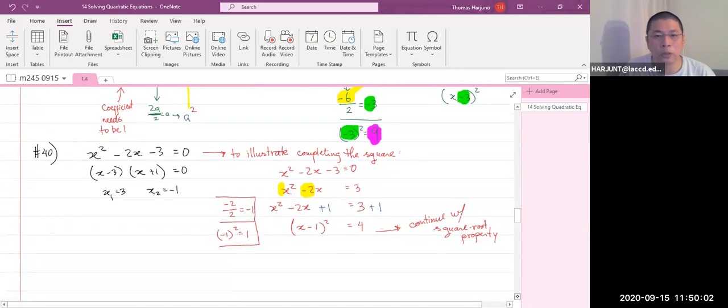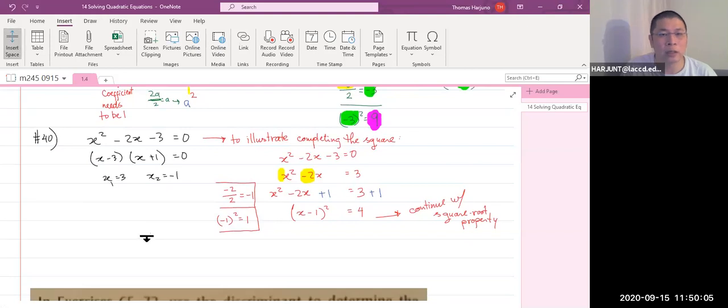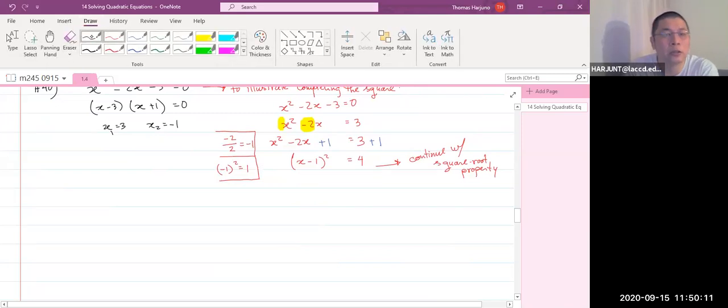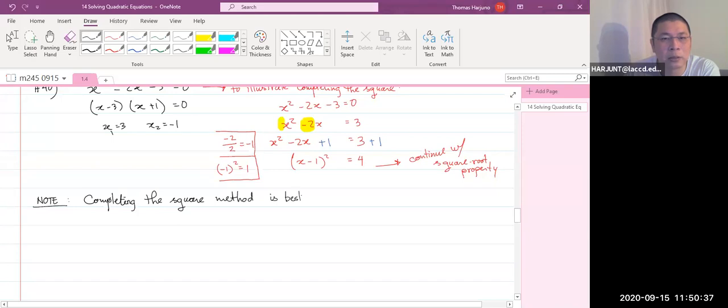Now, because of that, you will see the completing the square method is best when, or maybe I write it down as a note, the leading coefficient is 1, the coefficient of x is even.